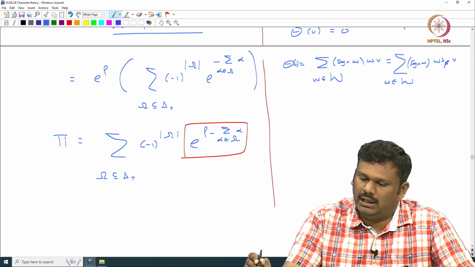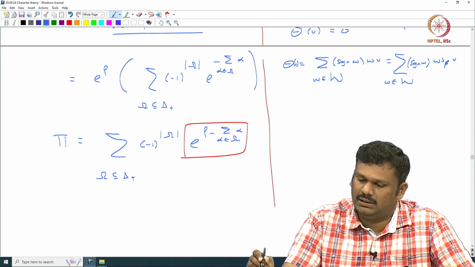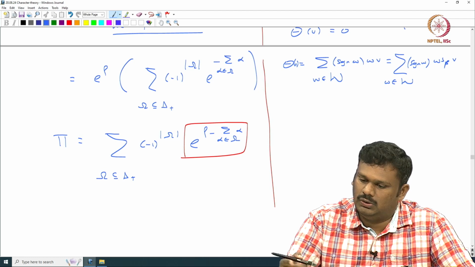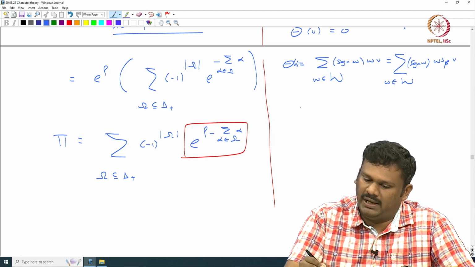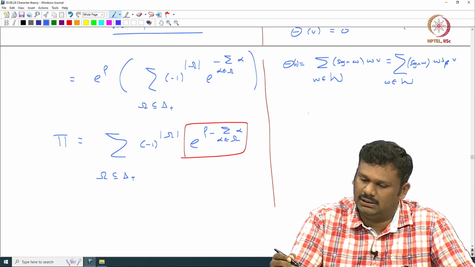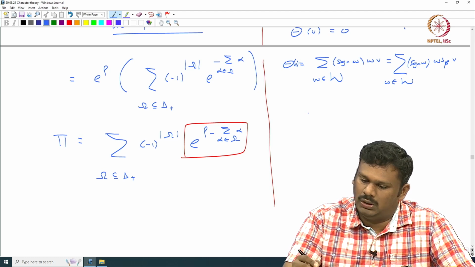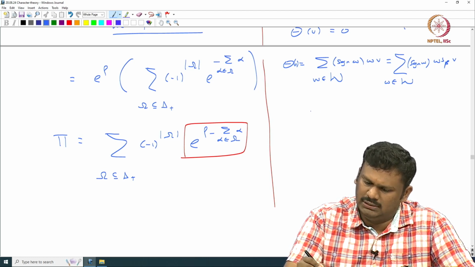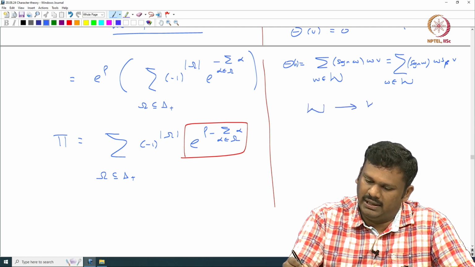So, now it is easy to see that you can pair w with w s beta. Because if you pair this, okay, you have this natural involution, which is given by multiplying by s beta.